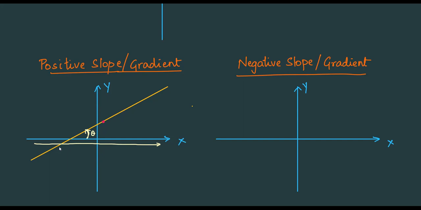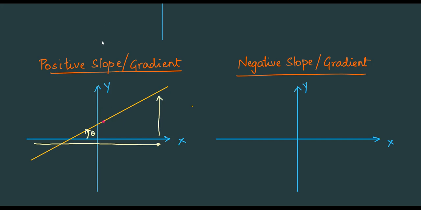But what is happening? My point is moving upwards in the positive y direction. This is called a positive gradient. As I move from left to right in the x direction, y varies from bottom to top. The y values are increasing from left to right.